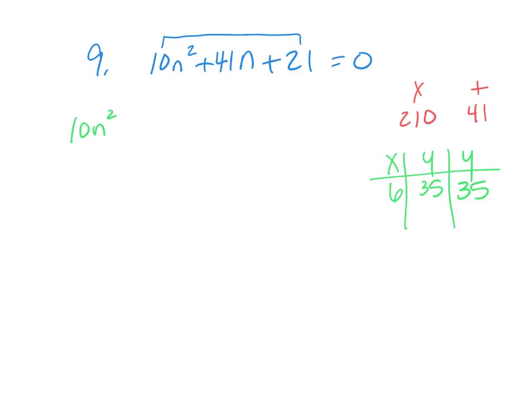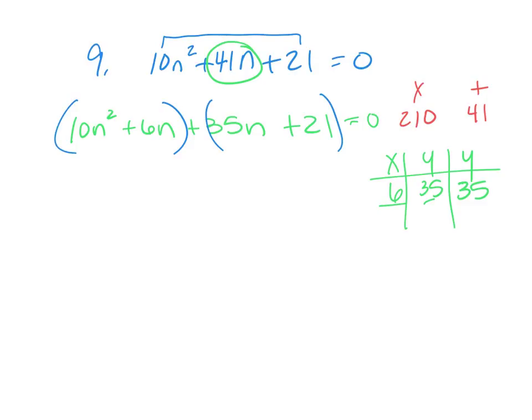10n squared plus 6n plus 35n plus 21. So again, we have replaced that guy with the two numbers that we found, which happen to add up to 41n. So we're not changing anything, we're just changing the look, and that still equals 0. And then I'm going to put the parenthesis here and parenthesis here, and then factor. What number can I take out of both a 10 and a 6? That would be a 2 and 1n.